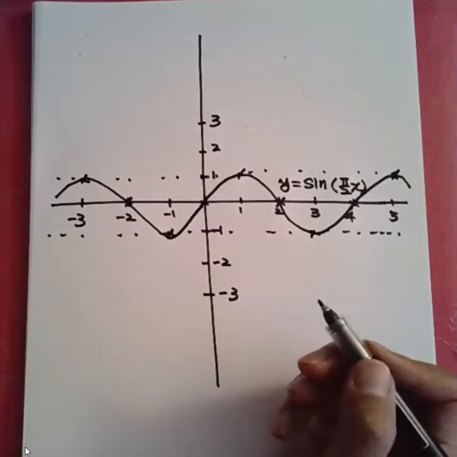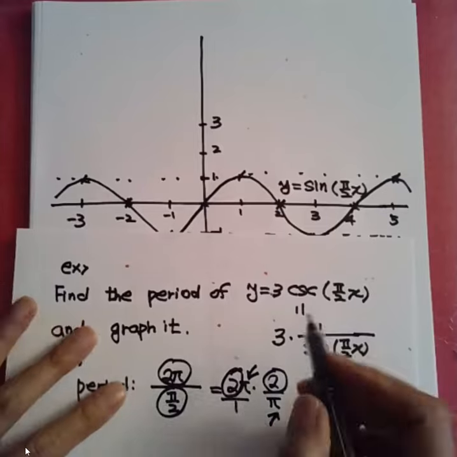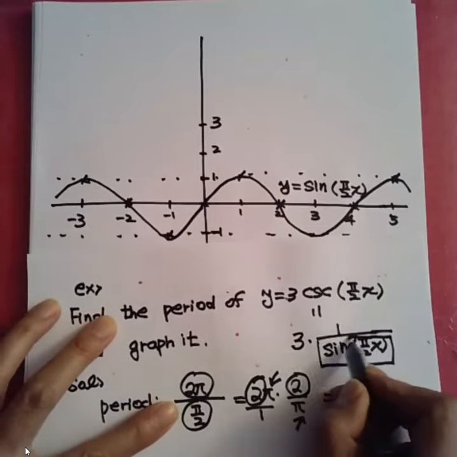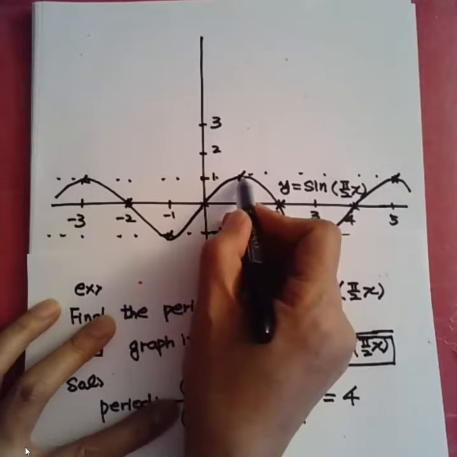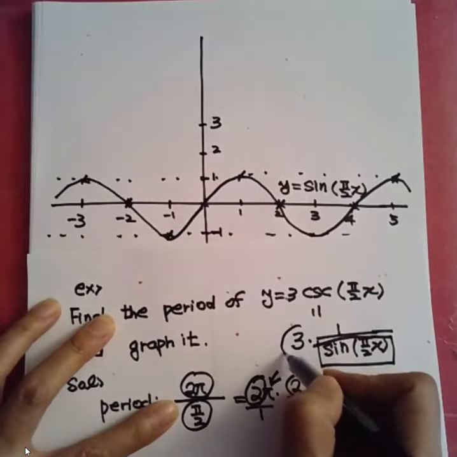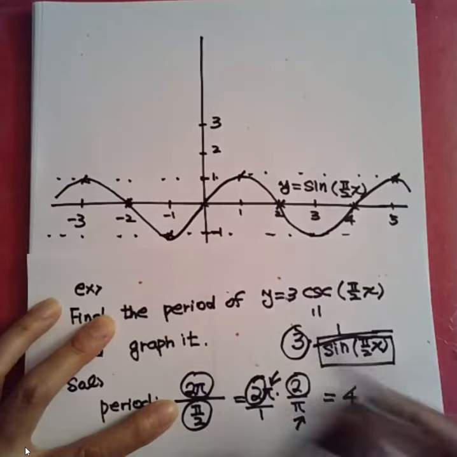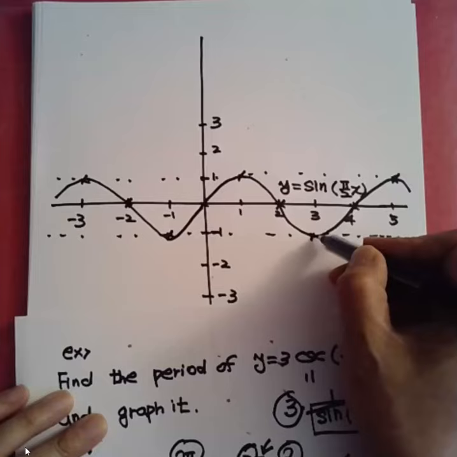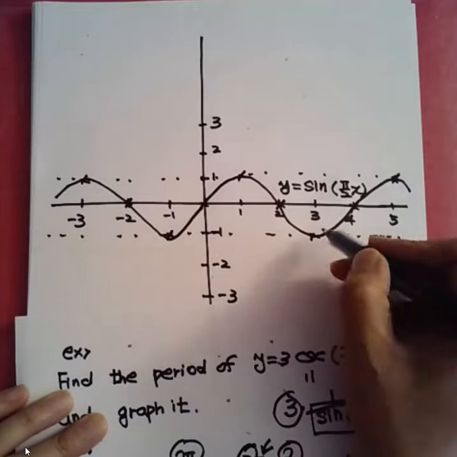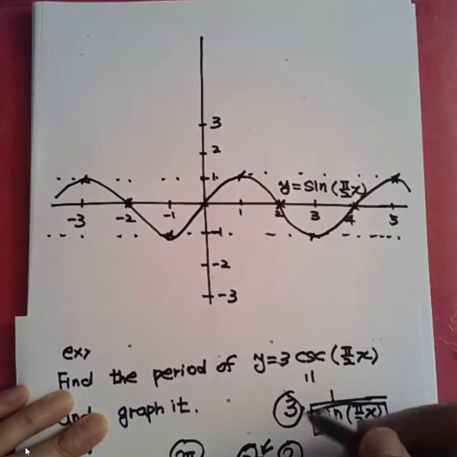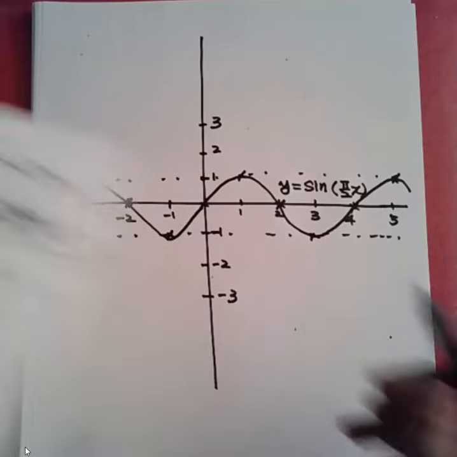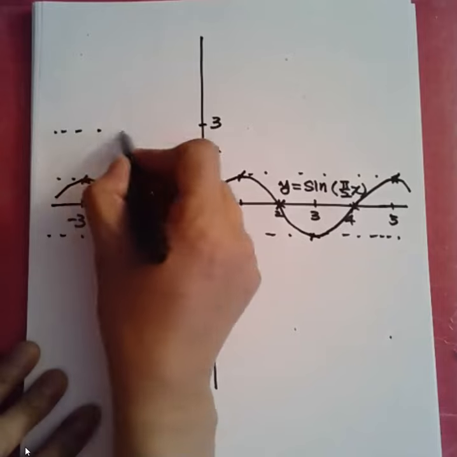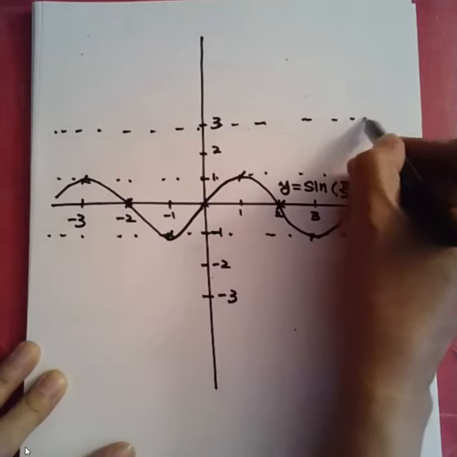What we are thinking about is that sine of pi over 2x at this point is 1. If you multiply by 3, then it'll become 3. And we can say similar when this value is negative 1. If you multiply by 3, then it'll become minus 3. So this bound will become 3 and minus 3.